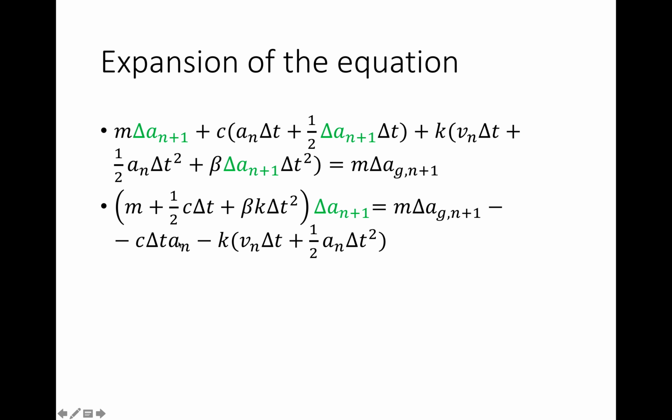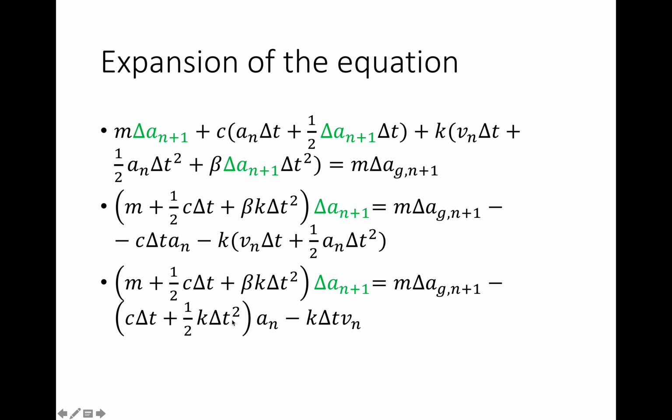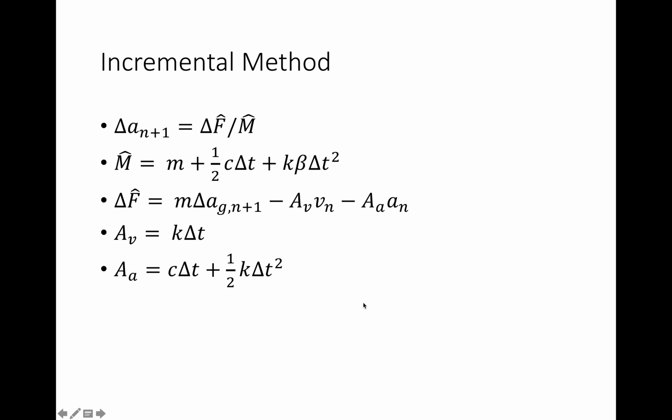By collecting all the things about a n together, the equation will be changed like this: c delta t, k delta t squared for a n, and k delta t for v n. So this is the basic equation for the incremental shape of the Newmark beta method.